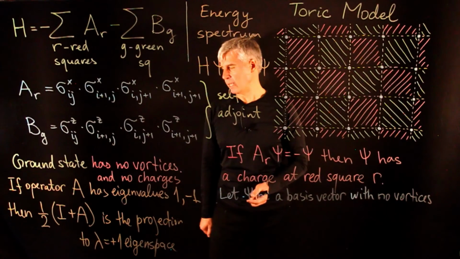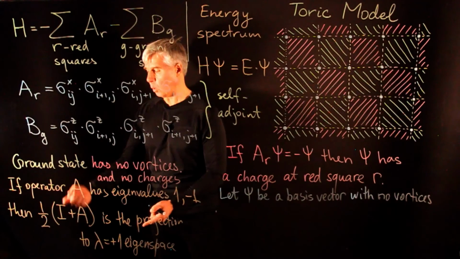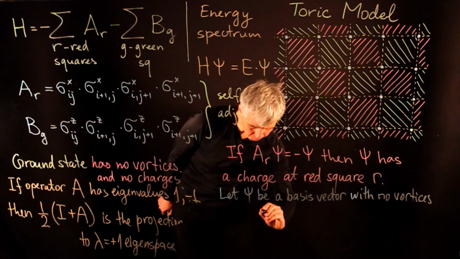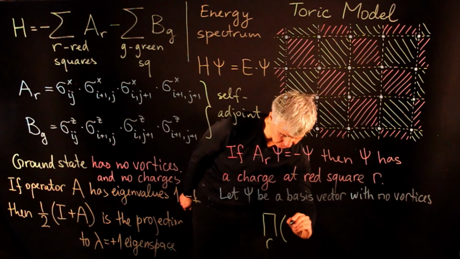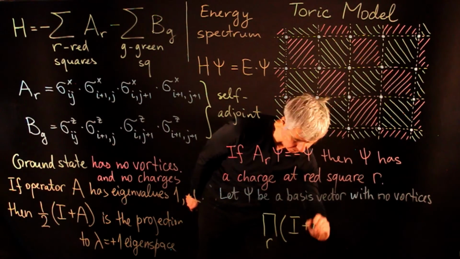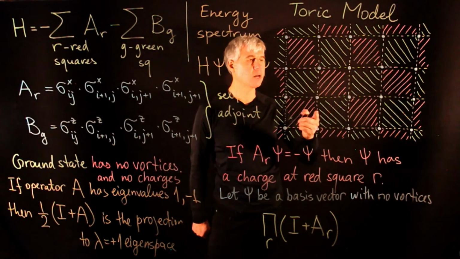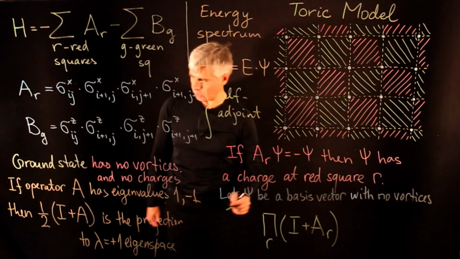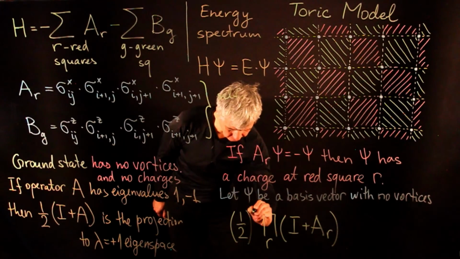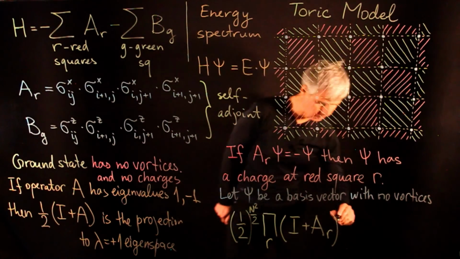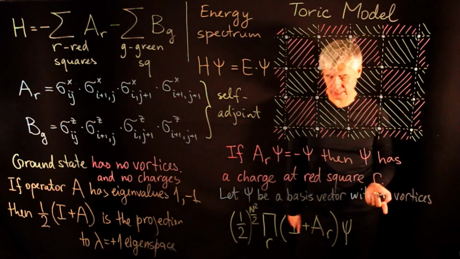But what we can do is project it to the +1 eigenspace for all operators AR. We take the product over all red squares of identity plus AR. And the number of factors here is the number of red squares, which is n²/2. So we put an extra factor of 1/2 to the n²/2 and apply this to the basis vector with no vortices.